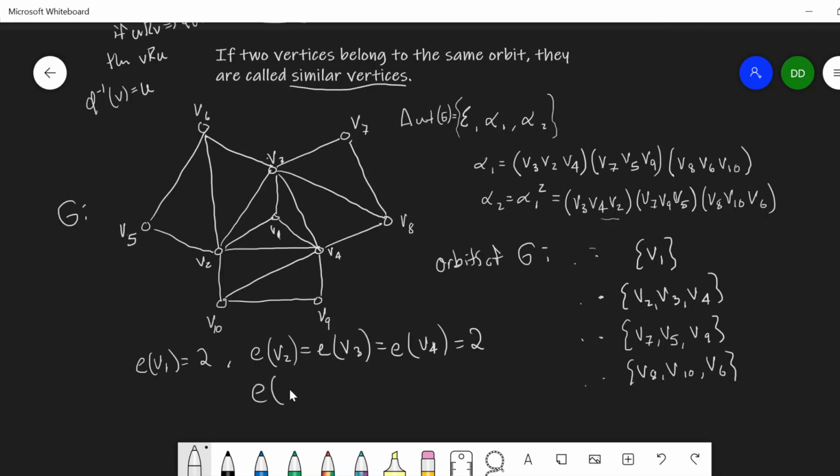And again, we can keep going like this. So the eccentricity of, let's say, V5: 1, 2, 2, 2. Let's see, how do we get to V7? 1, 2, 3. I think 3. And that should be the same then for V7 and V9. Those eccentricities are all 3.